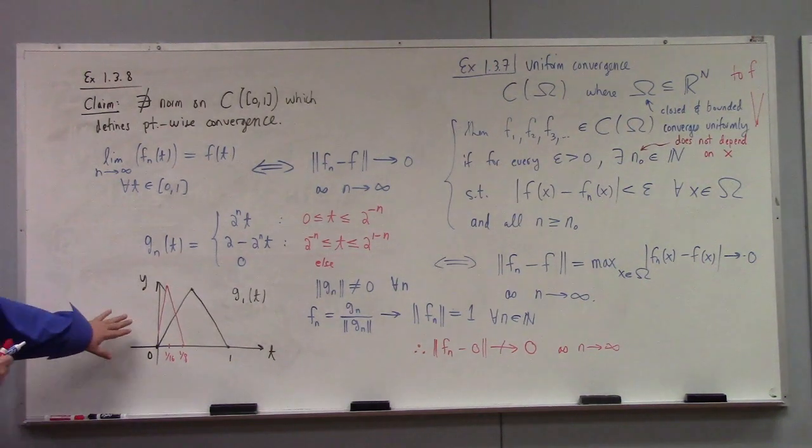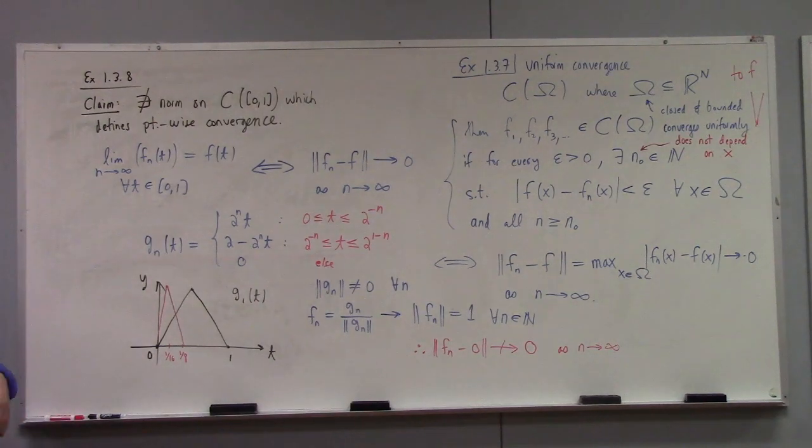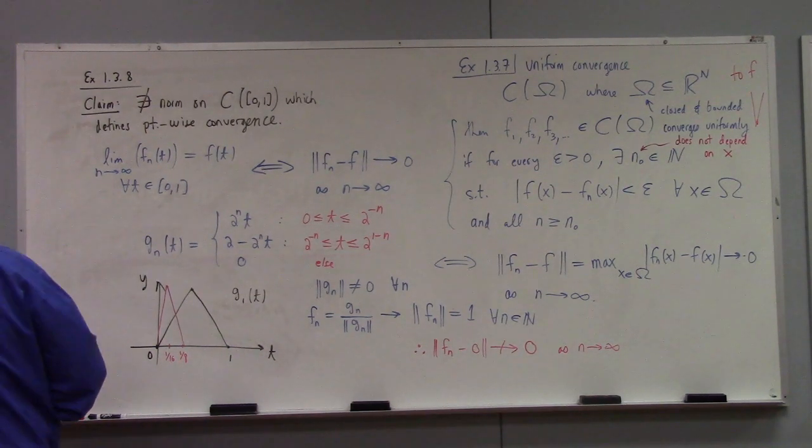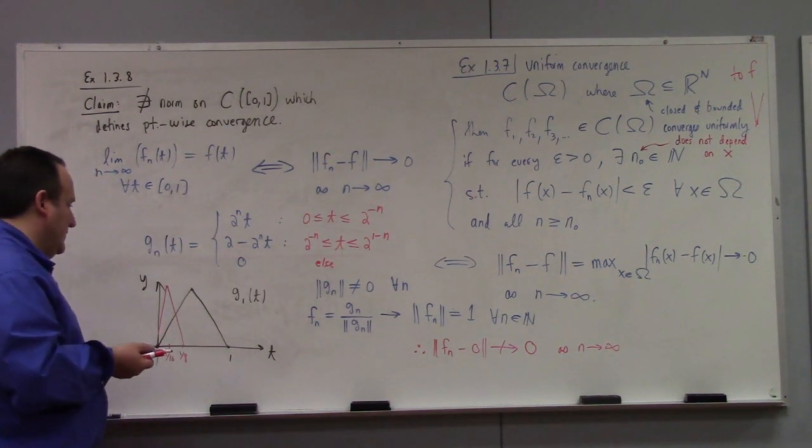That's not the graph of fn either. It's like the top of the spike going down to 0 as n increases. We don't know exactly because this is a hypothetical norm we don't have a formula for.